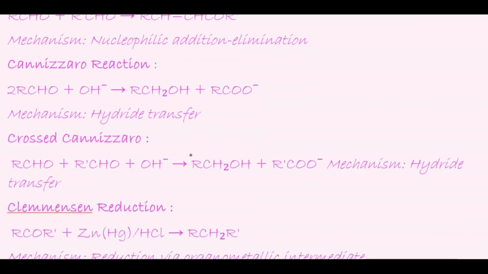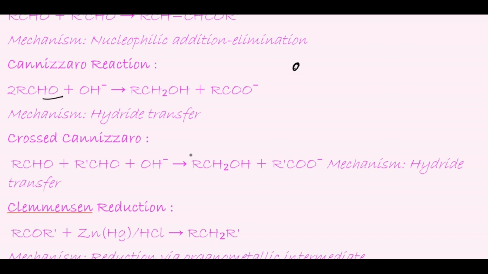That's it. Cannizzaro reaction, hydrogen shift happens over there. The formation of products are alcohol. Cannizzaro reaction, here you can observe one thing, it is undergoing the disproportionation reaction. Okay, so I am taking aldehyde.